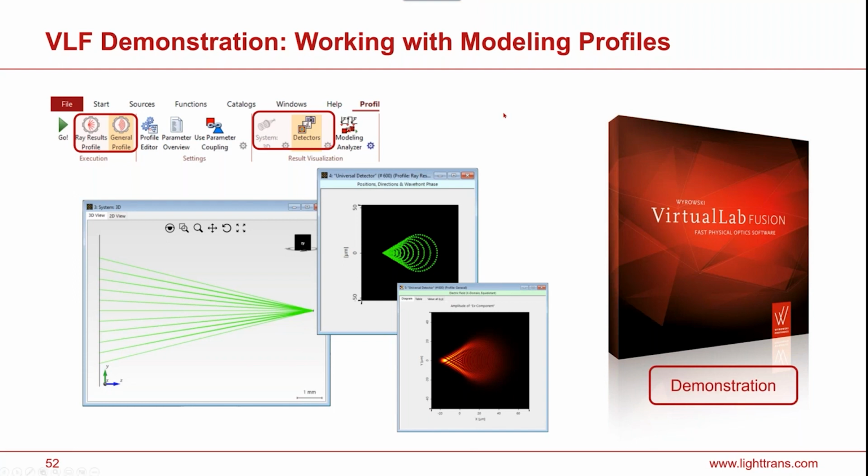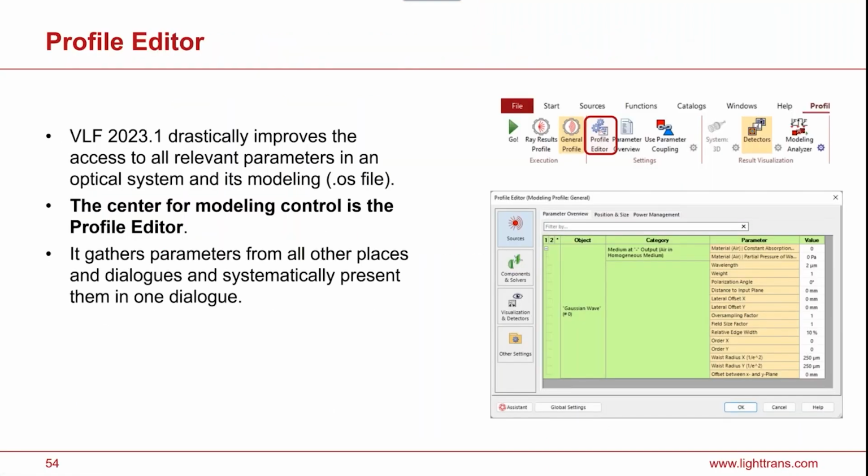Good. So the editor, Christian has not opened yet. The editor is exactly where you can configure all these things. Christian now used in the demonstration the dialog of the detector itself and just the tool to change the pointwise to automatic propagation in the propagation to the detector.